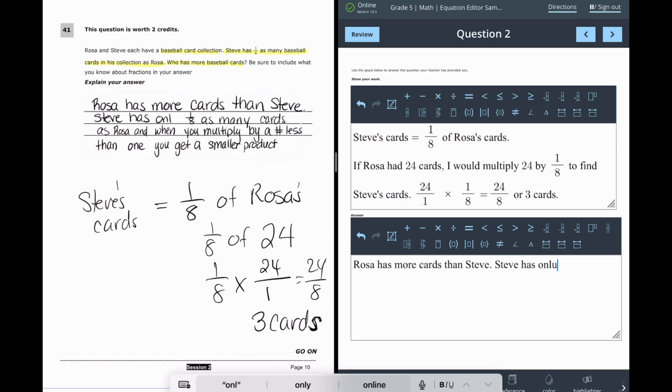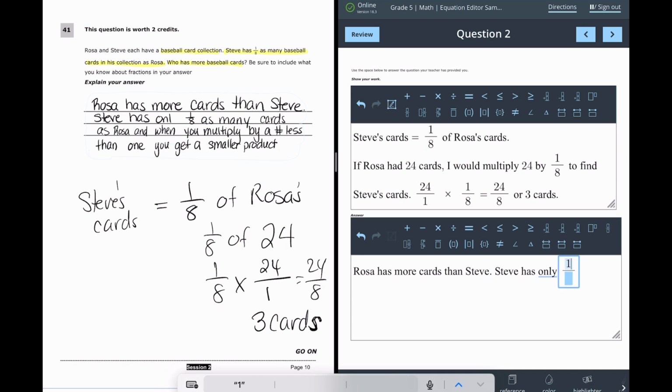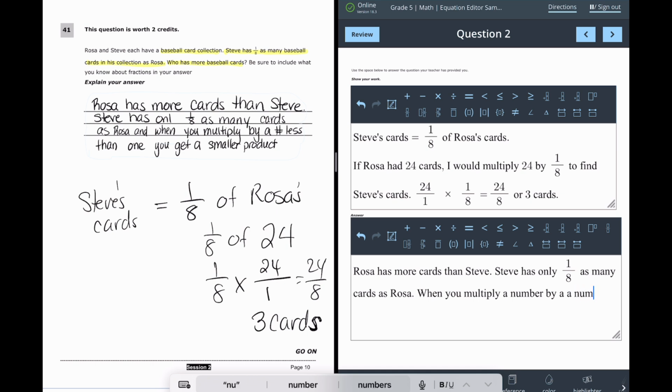Steve has only 1/8 as many cards as Rosa. When you multiply a number by a number less than 1, you get a smaller product.